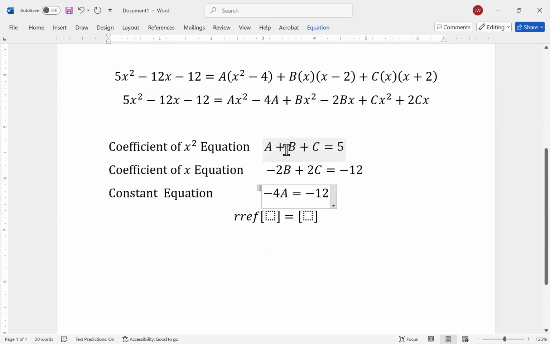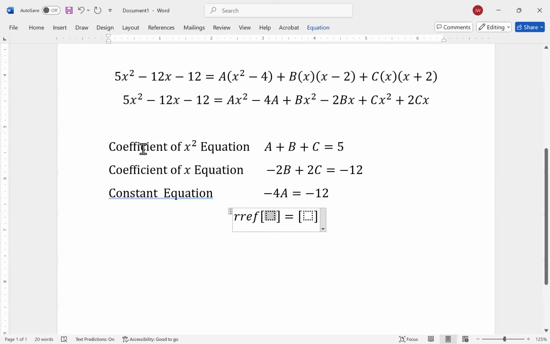This one is not too bad to solve on its own. You can see by that constant equation that A has to be 3. Then you could plug the A of 3 back in and solve for B and C. But I think I'm still going to use the row reduced echelon form of a matrix.